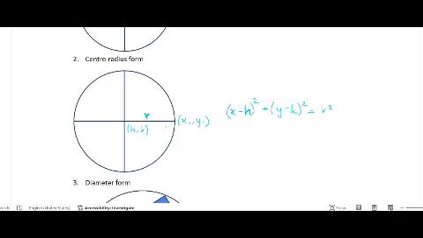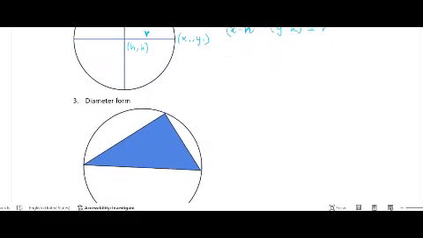This radius r is equal to the under root of x1 minus h the whole square plus y1 minus k the whole square, so x1 minus h the whole square plus y1 minus k the whole square is equal to r square. How do you get r? The distance formula.